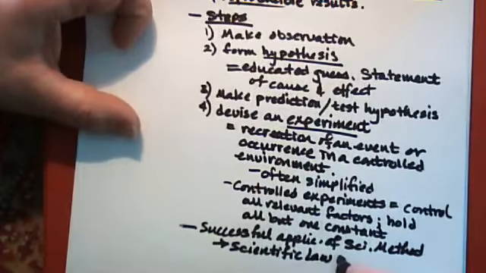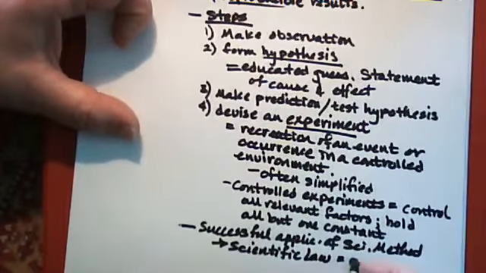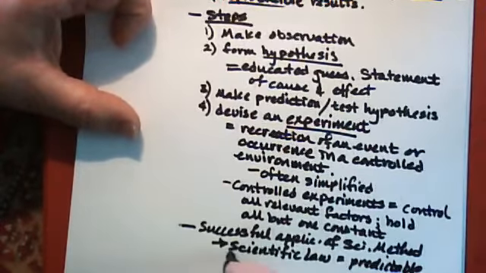A scientific law is actually a statement of a predictable relationship between two or more physical quantities.